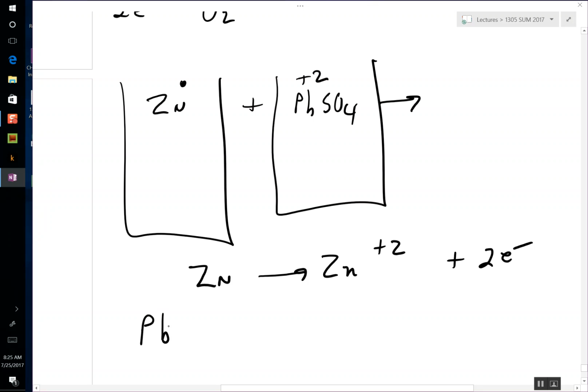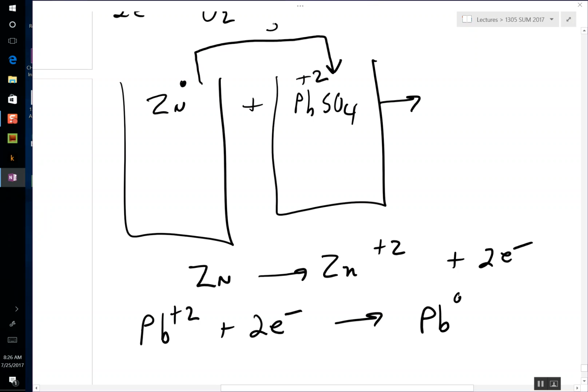And over here you've got your lead ion. It can gain 2 electrons and go back to being lead. So you have this potential sitting there for electrons to flow from this cell of your battery to that cell of your battery. Electrons can flow.